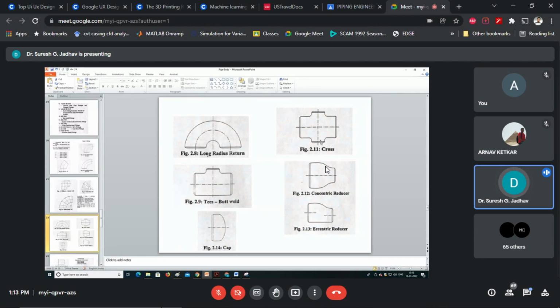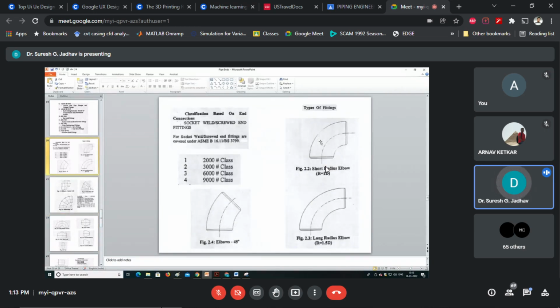With the help of castings, we can make the classification of these fittings based on pressure temperature ratings. So earlier we have seen the pressure ratings. This is 2000 class, 3000 class, 6000 class, 9000 class. These are the pressure ratings.